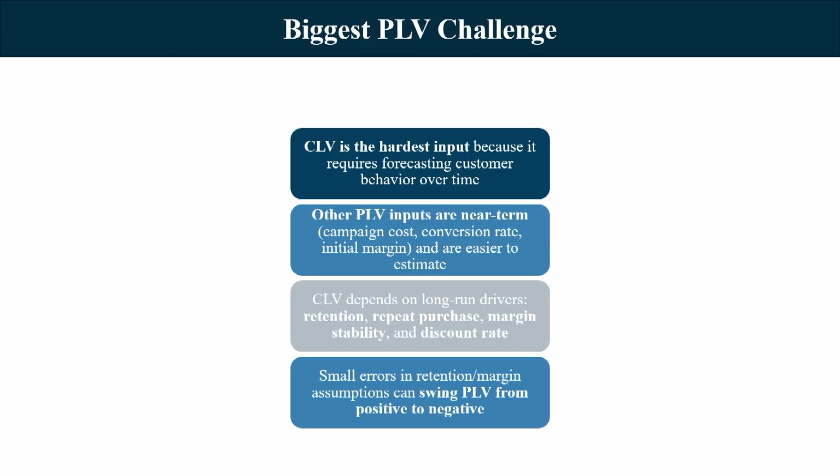Now, let us have a look at the detailed challenges associated with prospect lifetime value. As we said, prospect lifetime value is a determinant of 4 variables: acquisition rate, acquisition cost, customer lifetime value, and initial value or initial margin.